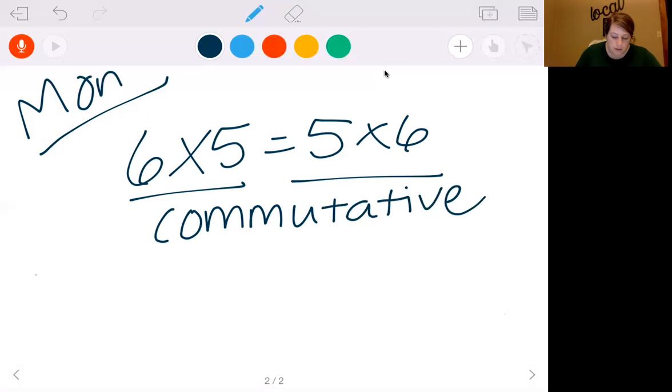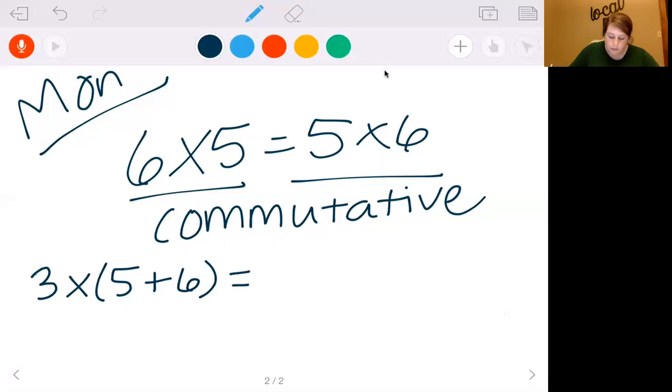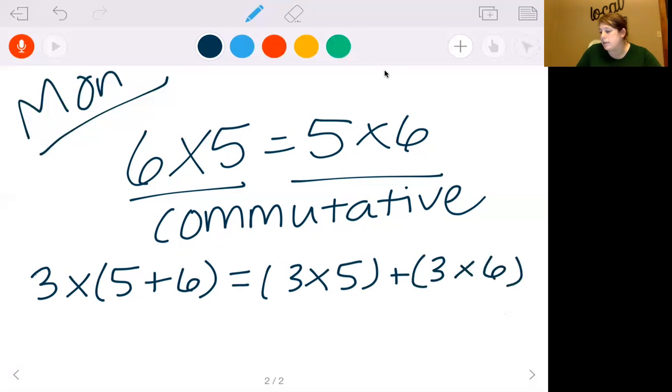Okay, the next one, if I give you something like this, 3 times 5 plus 6 equals 3 times 5 plus 3 times 6. If you notice, it's a completely different thing on the other side. We're distributing 3 times 5 plus 3 times 6. We're distributing that 3 to each number, so this is distributive.